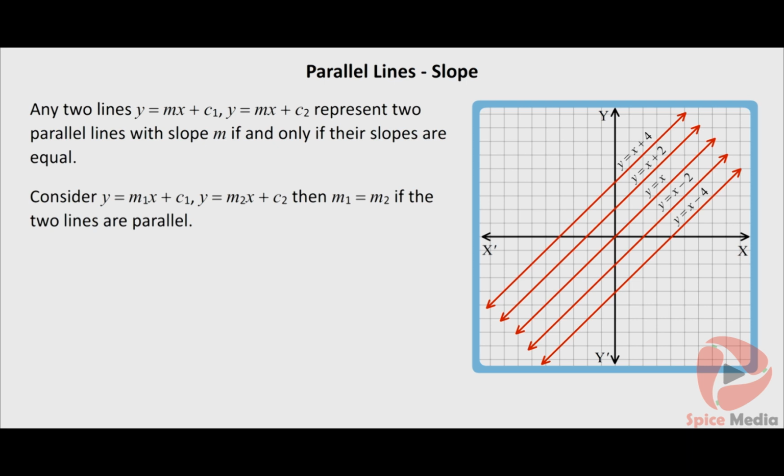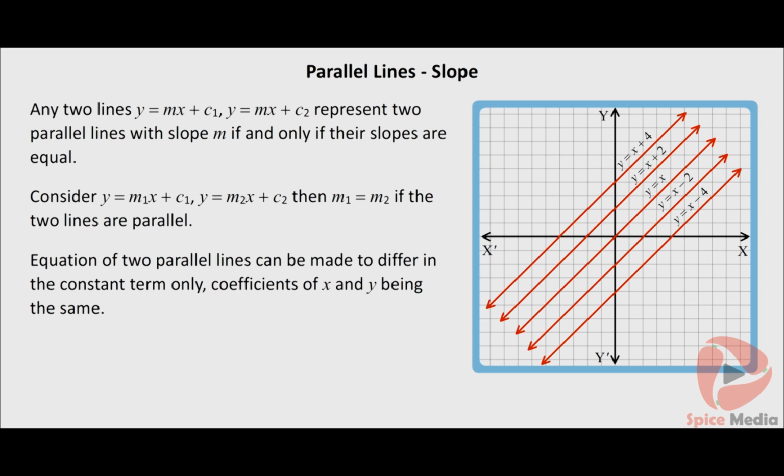Consider y is equal to m1x plus c1 and y is equal to m2x plus c2. Then m1 is equal to m2 if the two lines are parallel. Equations of two parallel lines can be made to differ in the constant term only, the coefficients of x and y being the same.